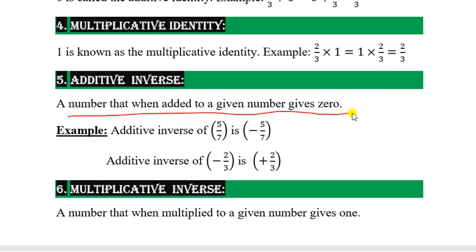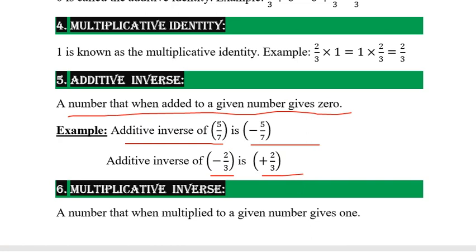And in a short way we can find the additive inverse. We just have to change the sign. If plus is given, you have to write minus of the given number. If minus is given, then you have to write plus of the given number. So see here, the additive inverse of plus 5 by 7 is minus 5 by 7. Just simple. And the additive inverse of minus 2 by 3 is plus 2 by 3. You just have to change the sign for additive inverse.